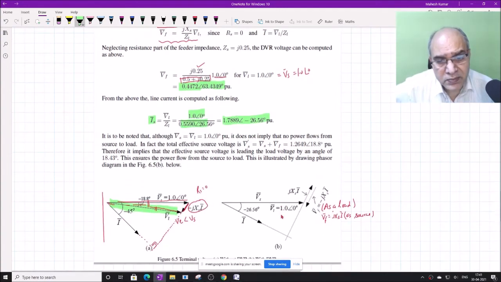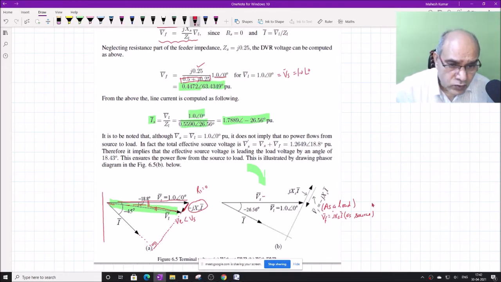Now we see in terms of diagram, this scheme is shown here in this diagram. Now you can see this is the voltage BS is equal to BL. The current is at an angle of minus 26.56. This is the current here.